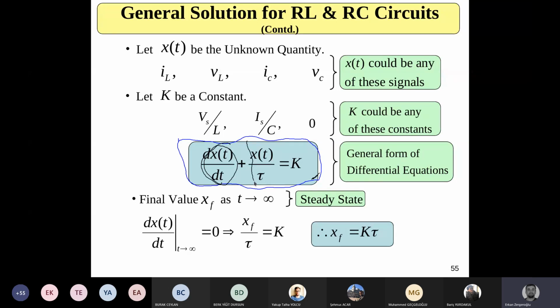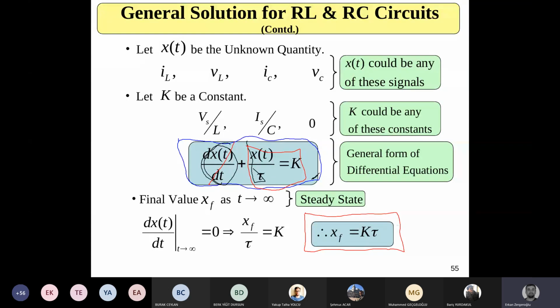That means we are left with only this portion of the equation to find the final value. When the system is at a steady state, there is no change, the derivative is 0, so we can easily find the final value using this.